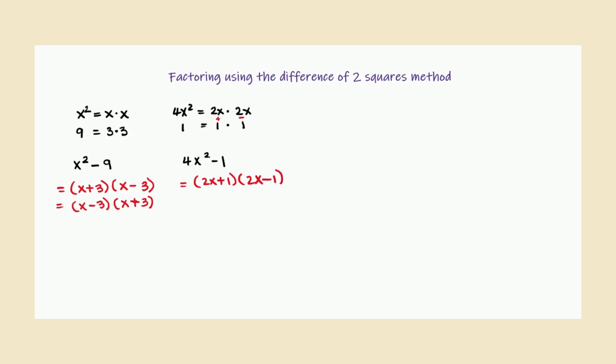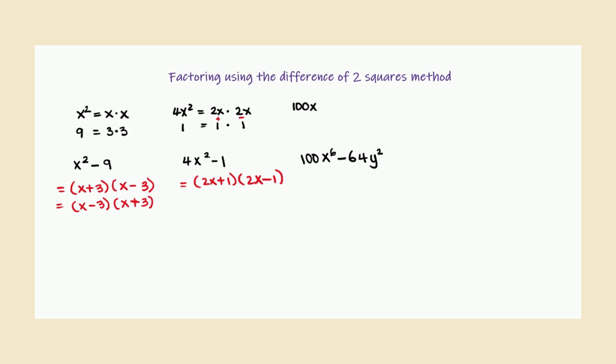Now there's also an example where you might find 100x to the 6th minus 64y squared. Now notice that this is still an example of a difference of two squares. 100 and 64 are both square numbers, and once your degrees are even, then those are also squares.